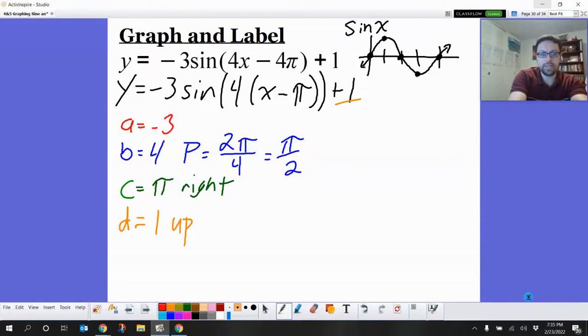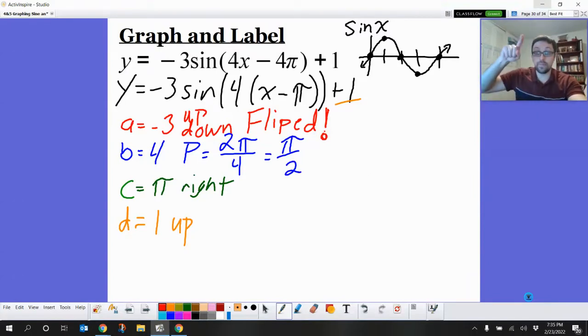So let's see, that is going to be up and down 3, but it is going to be flipped because it's negative. So we'll just have to remember that rather than going up first, we're going to go down first. So we'll just make a little adjustment up here for that flip. So we'll go like that instead.